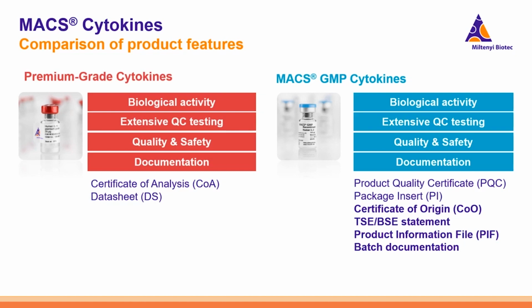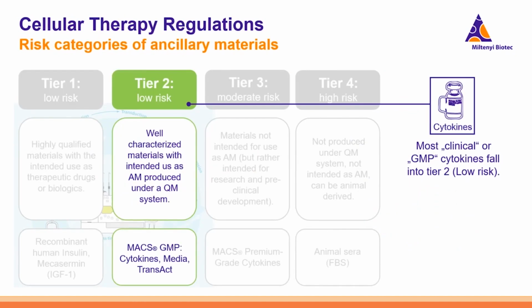You also have batch documentation for these cytokines. All of this we do and provide to reduce the risk for the customers associated with the ancillary materials to an absolute minimum.